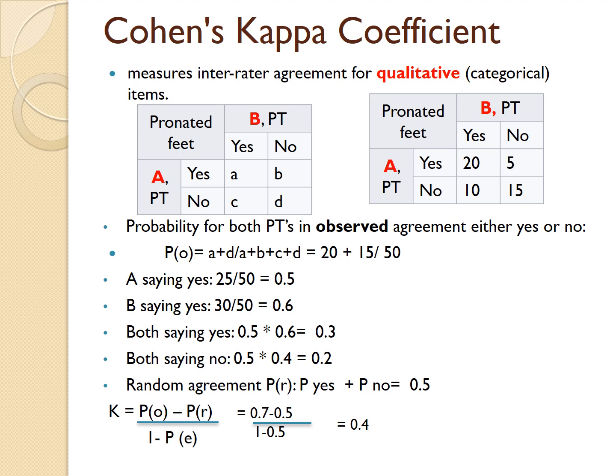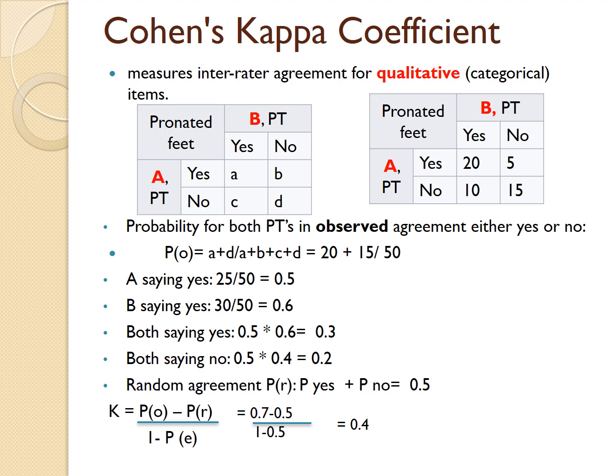The first PT, the APT, says yes for pronation to about 25 people out of 50, and no to 25 out of 50.